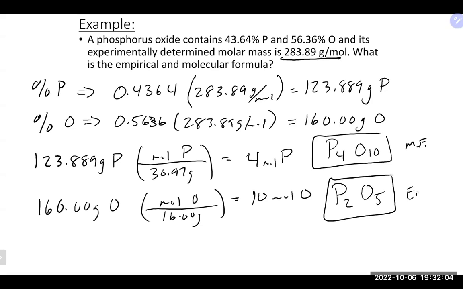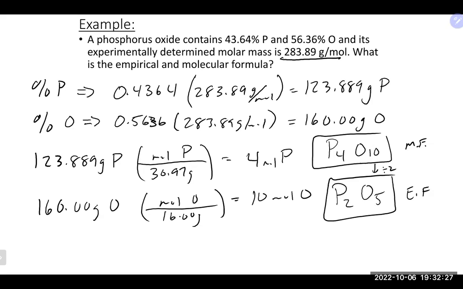So that's an alternative approach that you could take to solve these problems. If you have the percent composition by mass of each element, you could go to the molecular formula first, and then just reduce it down to the whole number ratio, and you'll have your empirical formula. Either one should give you the same answer, whichever way you want to go.